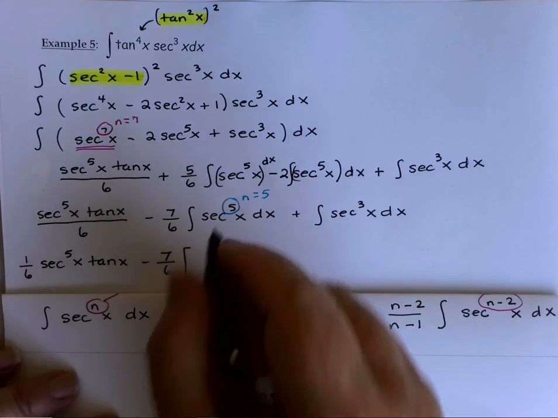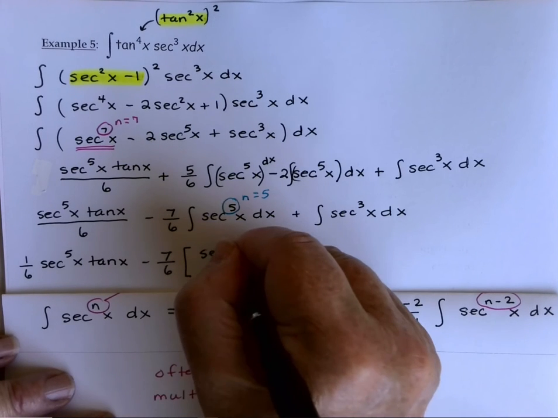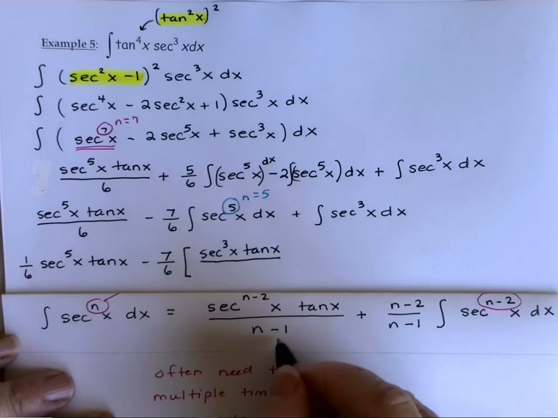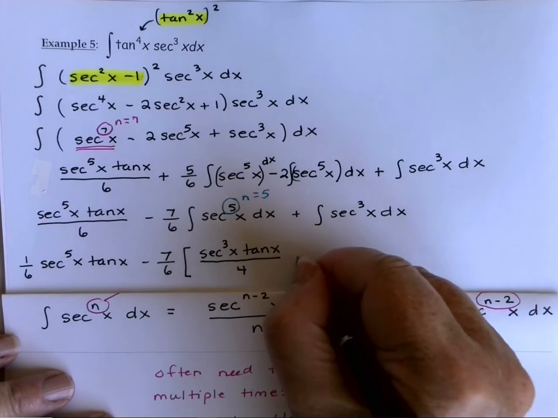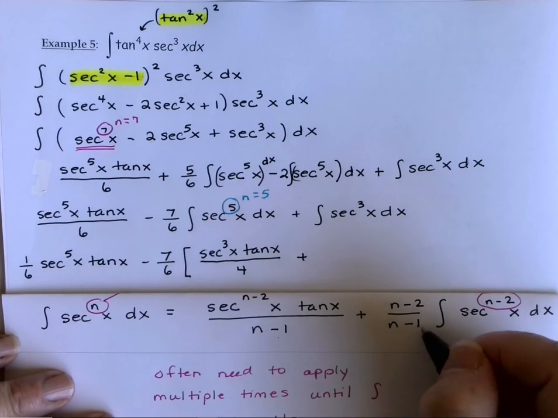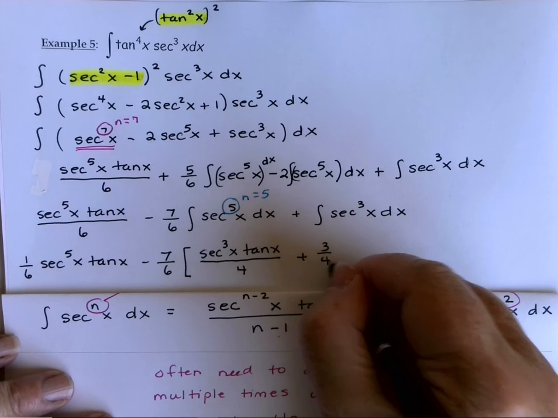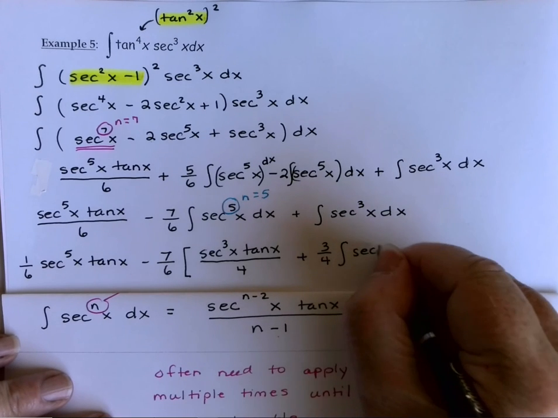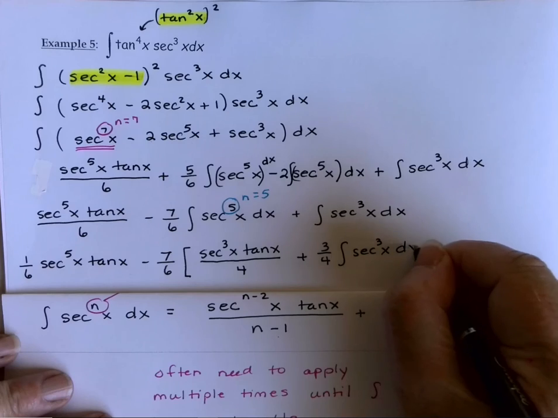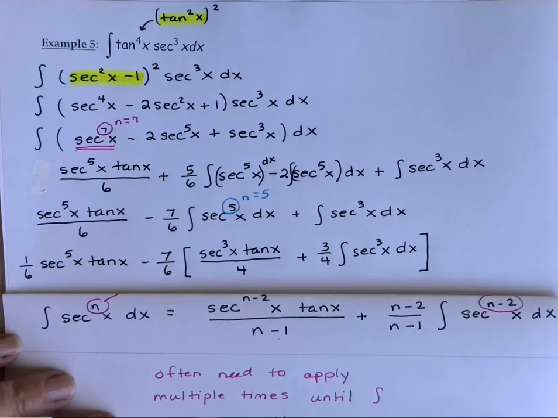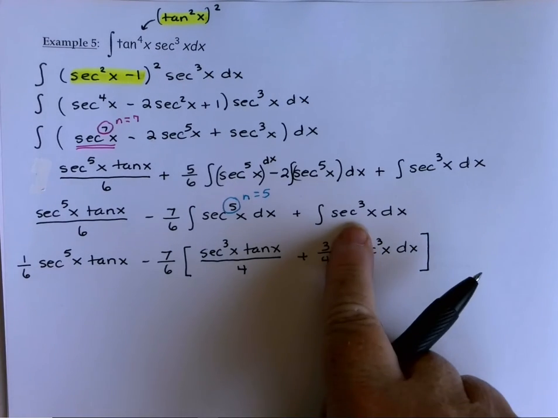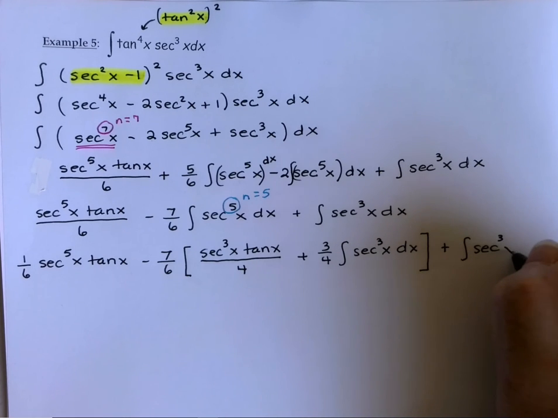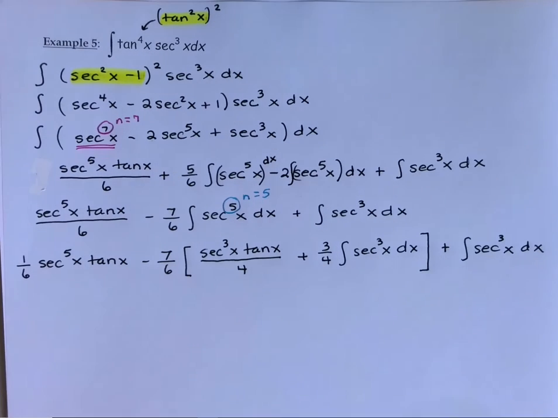Secant cubed x tangent x over 4 plus 3/4 integral of secant cubed x dx. And then I still have this plus the integral of secant cubed x dx.